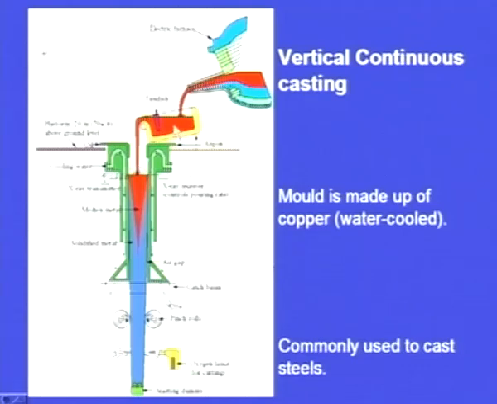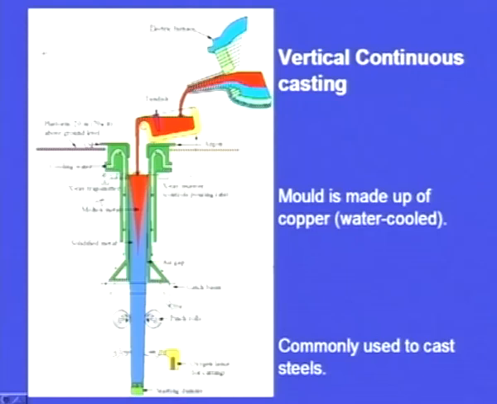As the molten metal flows into the mold, it is cooled and it solidifies. Here we can see this red portion is in the molten state and this blue portion is in the solidified state. So, as it solidifies, it continuously goes down. We can see here the rolls, these rolls will be rotating and the solidified casting goes continuously.